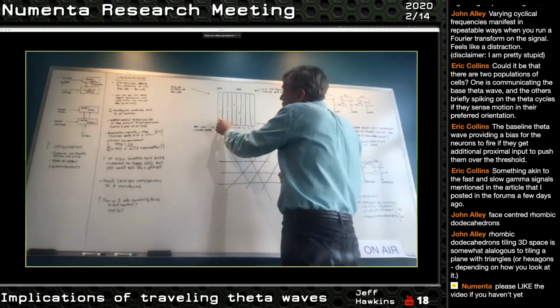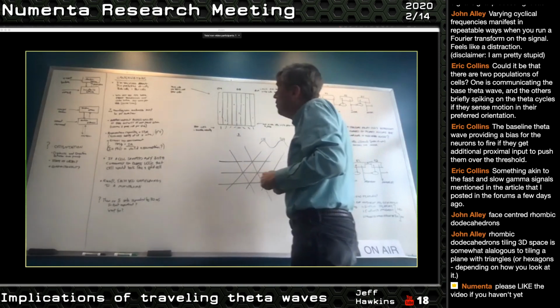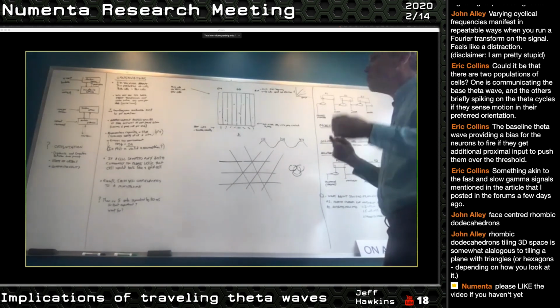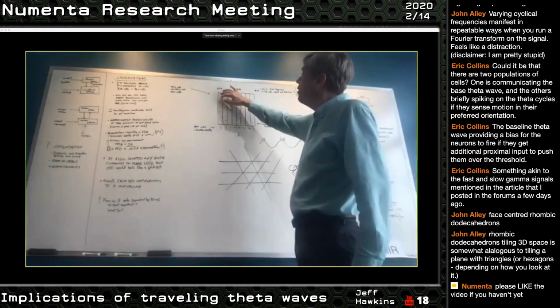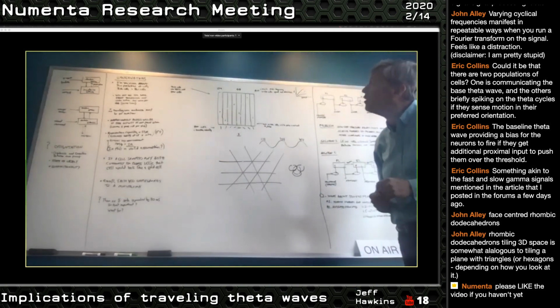It requires this swim lane specific theta wave, which is an odd thing, but that's what it requires, and therefore it requires some mechanism for it. That could be good or bad. We can find that mechanism. We can say, hallelujah, that's good evidence for this.